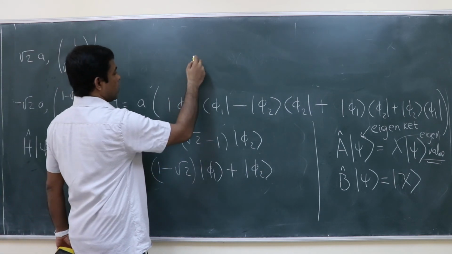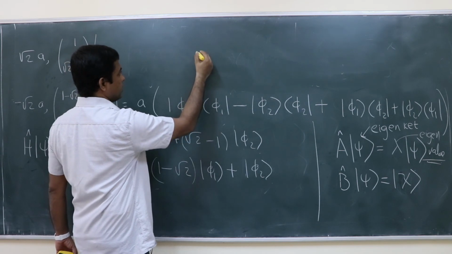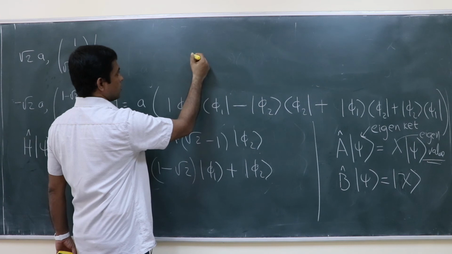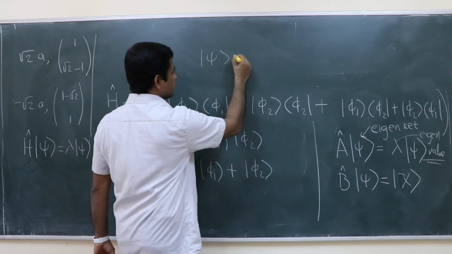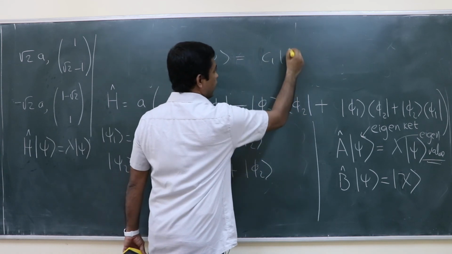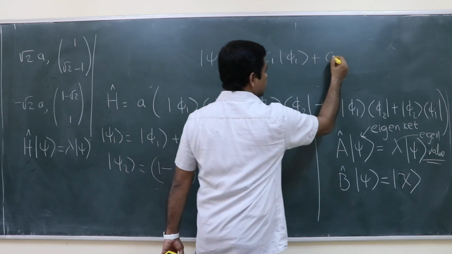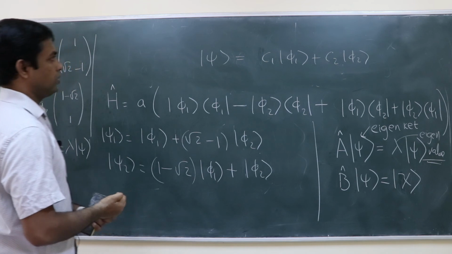So I am writing psi is equal to C1 ket phi 1 plus C2 ket phi 2. I can write that down, there is no problem.